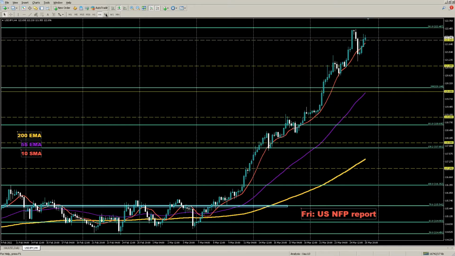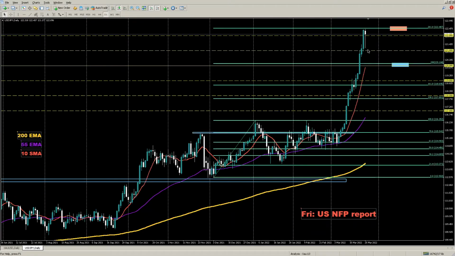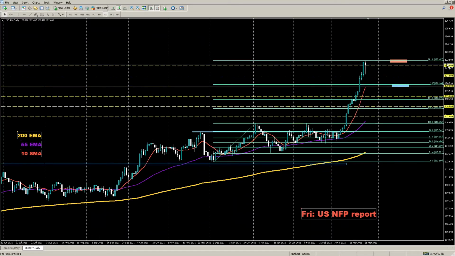So we'll see if this can hold for a while around this area, and above that.